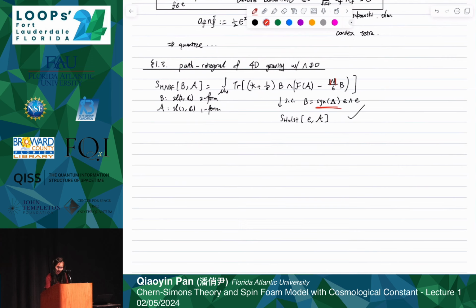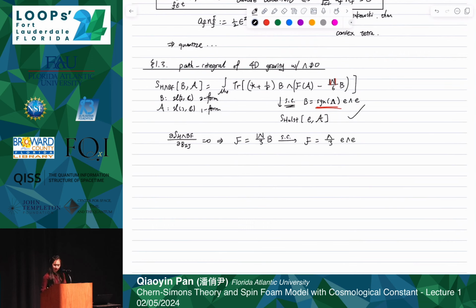Okay, this is a BF action. Let's consider the equation of motion by varying with respect to the B field. In the equation of motion, we find that it gives a linear relation between the curvature and the B field. And if I impose a simplicity constraint here, I get a relation between the curvature and the tetrad.